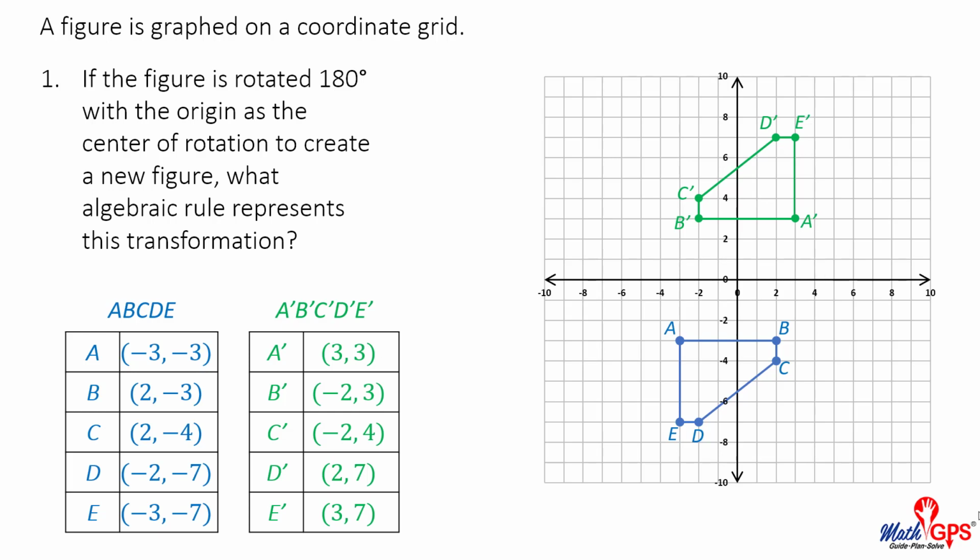What pattern do you see in the table of x and y values? What do you notice about the x values in the original polygon ABCDE and the transformed polygon A', B', C', D', E'?